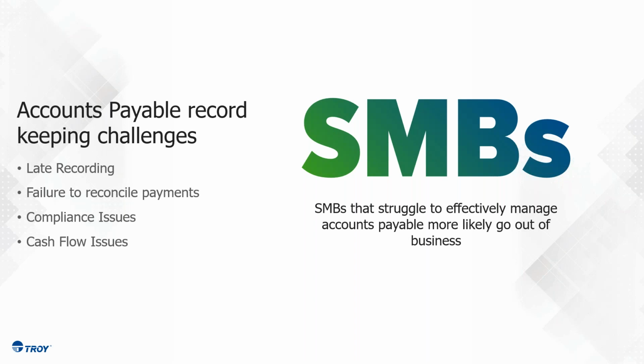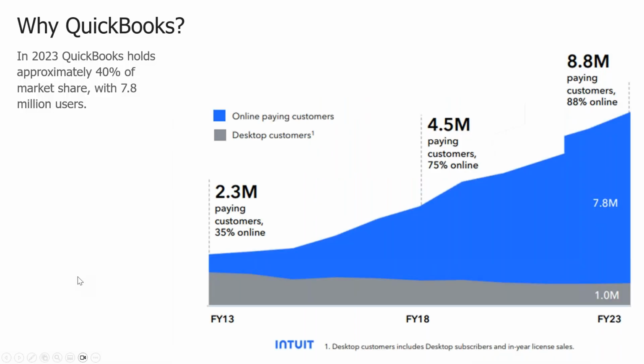And keep these risks in mind while we review how Troy FlexPay enables SMBs to meet and overcome some of these challenges. We're gonna get to that very, very shortly.